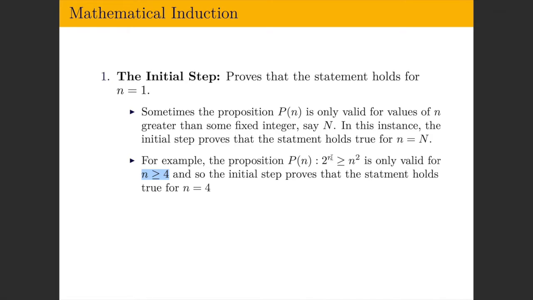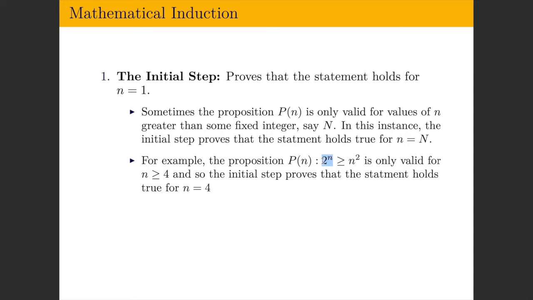So for example, if you plug in 1 into this proposition, we have that 2 to the power of 1 is greater than 1 squared. That seems true. 2 is greater than 1. But if we plug in, for example, 2, we've got 2 squared is greater than or equal to 2 squared.